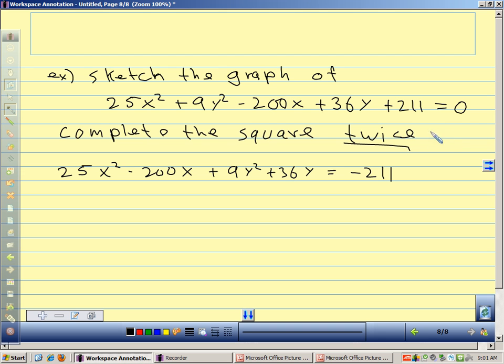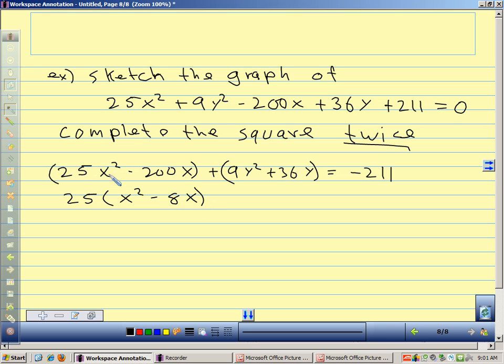Now when we complete the square, we're going to complete the square on the x part, and we're going to complete the square on the y part. And remember, when we complete the square, we want a 1 in front of the x. So looking at just this part, I'm going to factor out this 25, because I want a 1 in front of my x squared. I'm going to rewrite that as 25 times x squared minus 8x.